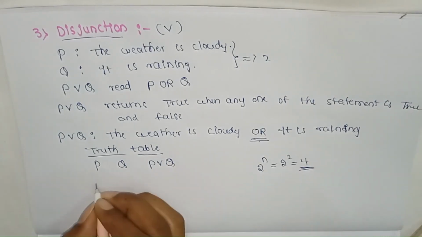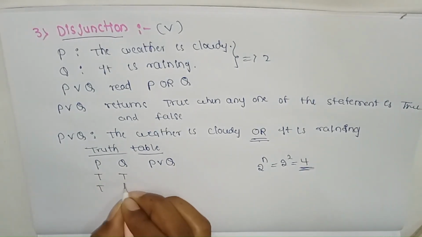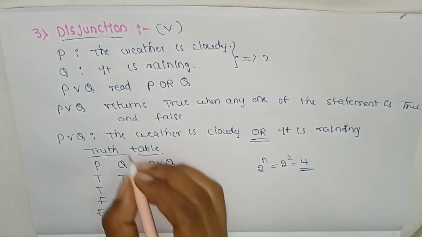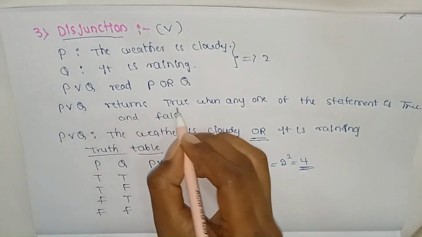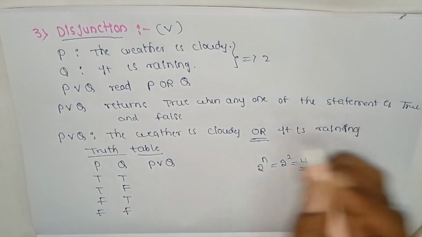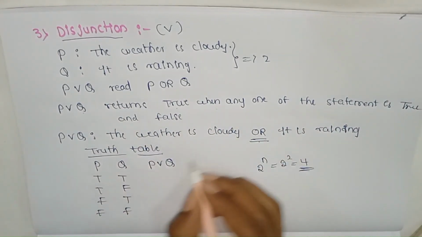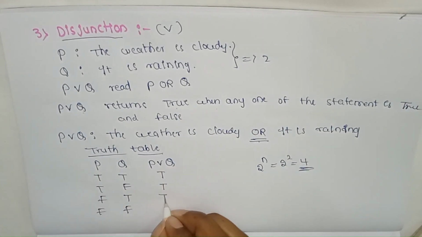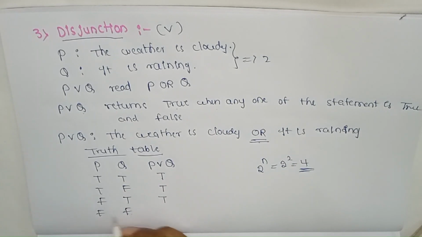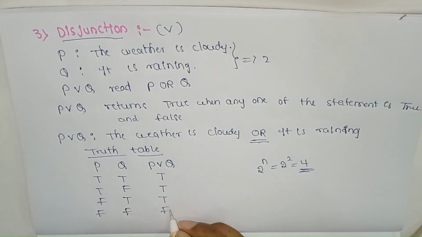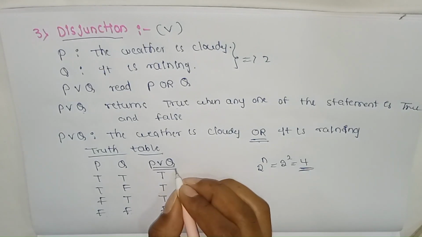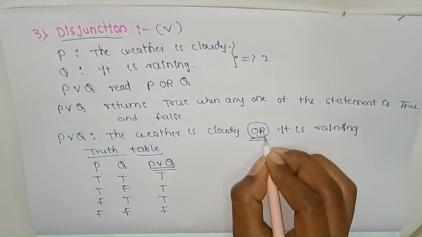The four combinations are true true, true false, false true, false false. P or Q returns true when any one of the statements is true, and false otherwise. Here both statements are false, so the result is false. Here P or Q is the new proposition obtained by applying the OR operation.